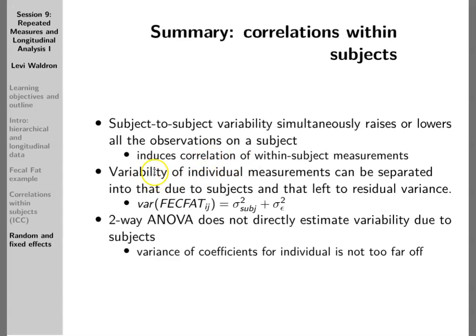And then we broke up this variability of individual measurements into two parts, into the part due to subject variance and into residual variance. And then we used the ANOVA to get at these estimates, even though it didn't directly estimate variance due to the subject. So we used the variance of the coefficients and then had to make a little correction for the amount of individual variance that was in there.